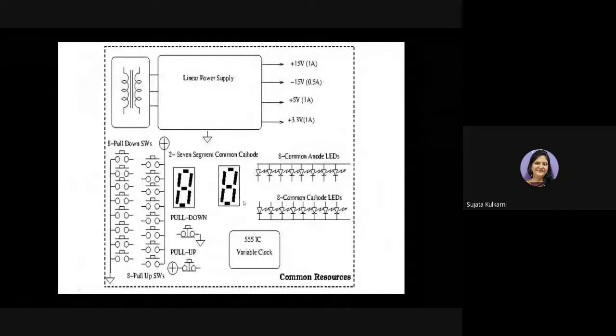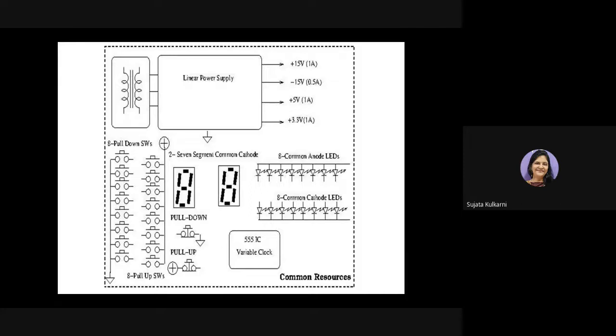As I already explained, we preferred a linear power supply since the protection is there, isolation is there, and the ripple can also be taken care of by a linear power supply. So plus 15, minus 15, plus 5, 3.3 volts, and of course a variable DC is there on the board.